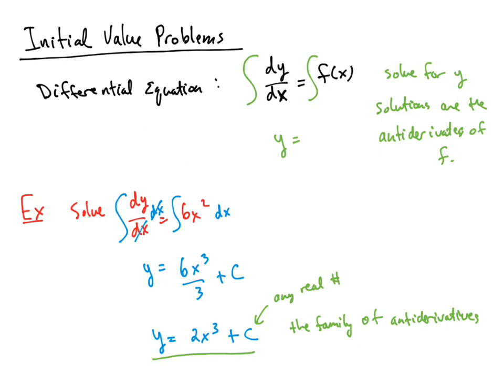I have a function 2x cubed, and that graph is going to look something like this. But if that c value is positive, that graph is going to shift up. If the c value is negative, it's going to shift down. So what we're doing with initial value problems is we may want to find what that precise c value is. Then that'll tell us, instead of a family of antiderivatives, a single antiderivative.